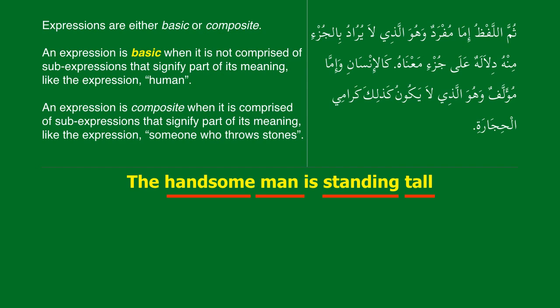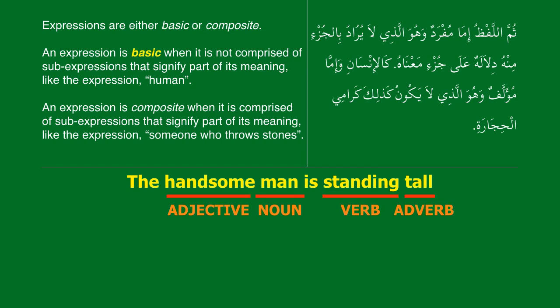Each one of these basic expressions in English grammar is described using a different term. So man is called a noun, standing is a verb, handsome is an adjective, tall is an adverb. These descriptions are language specific.